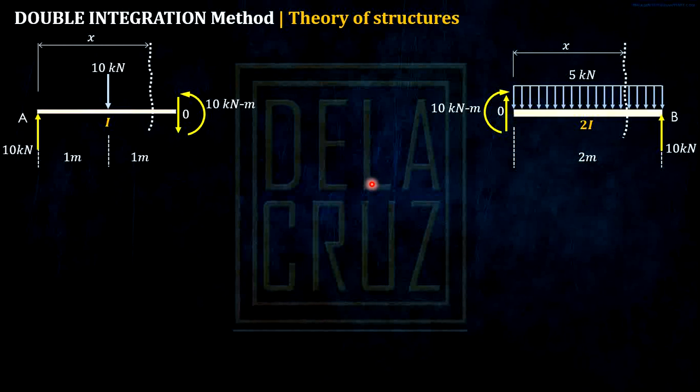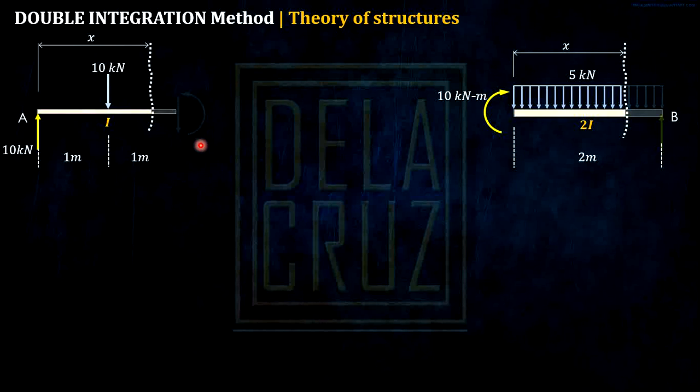Actually, we no longer need this. We can use this one because we cut at the right portion, so this moment is involved. Here, we no longer need this, it is not involved in the equation we will write.